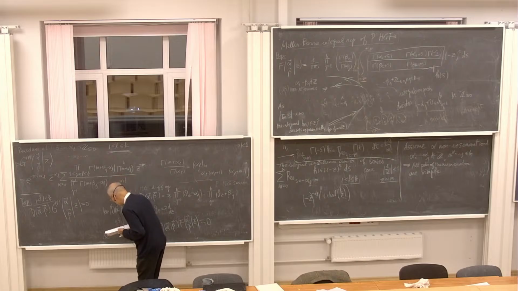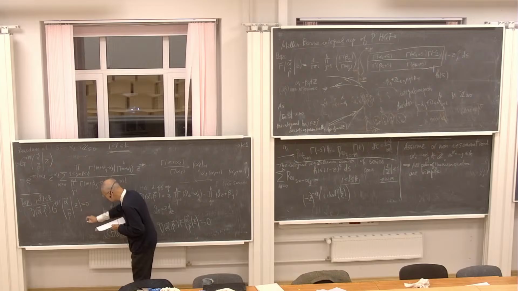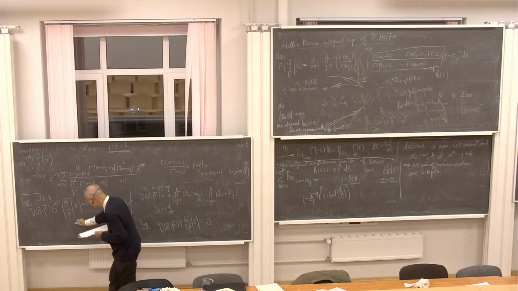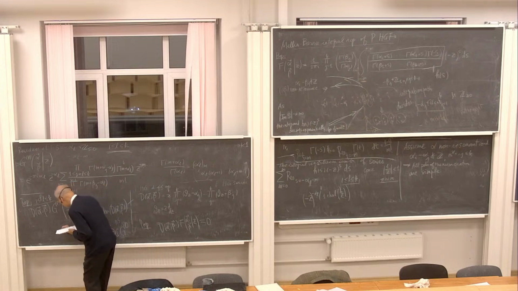In fact, it is true that locally near infinity we have this kind of decomposition, C of G, l, these functions, l equals 1 to k. So these are linearly independent.